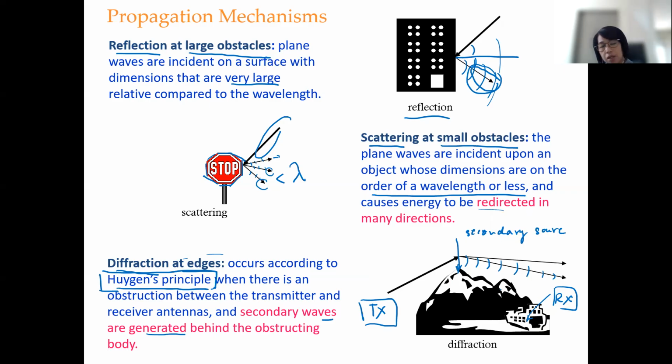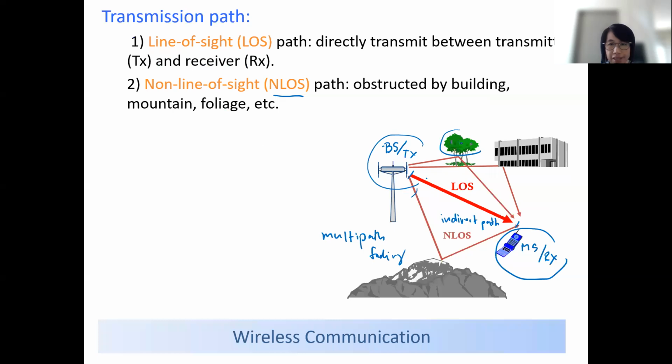obstructing body. What I mean in this slide is that we cannot easily get a direct line of sight. It's quite impossible, especially in indoor environments. Most of the time in one day you spend your life indoors, right? You use your gadgets and your IoT devices in your room, your house, or even in school, in the building.